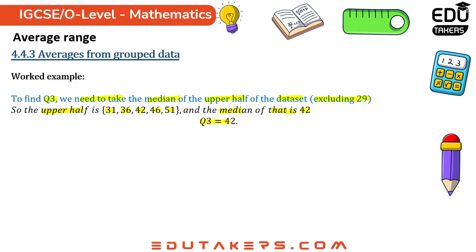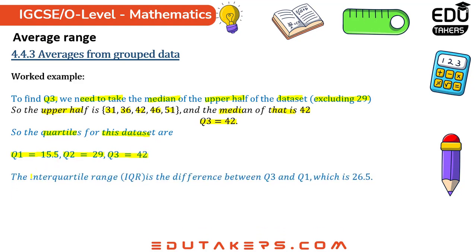So Q3 is equal to 42. So the quartiles for this dataset are Q1 is 15.5, Q2 is 29 and Q3 is 42. The interquartile range is the difference between Q3 and Q1, which is 26.5.